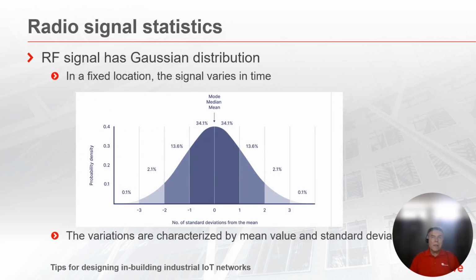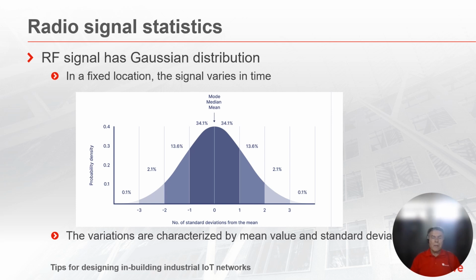So what does 99.9999% reliability mean? Well, first of all, radio frequency signal has a Gaussian distribution. It is statistical in nature. In a fixed location, the signal can vary in time, and the variations are characterized by mean value and standard deviation at that location.